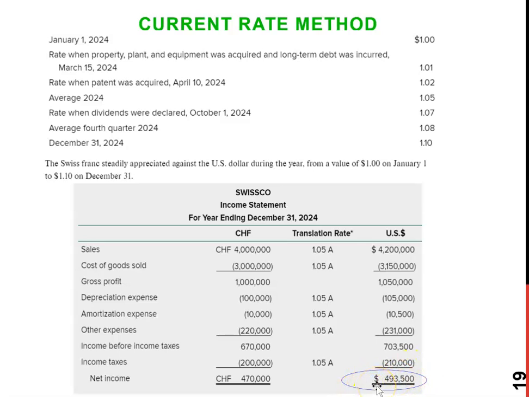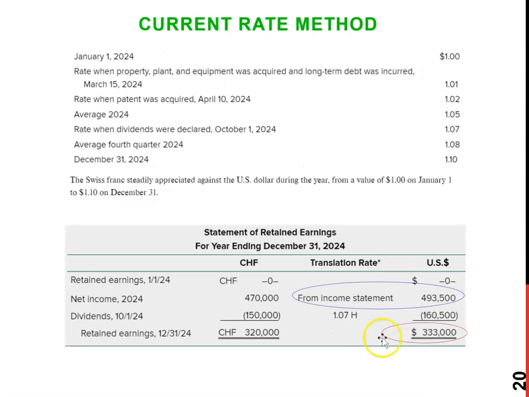So let's take this net income number, and now we will see the statement of retained earnings. In the dollar statement of retained earnings, we copy and paste this converted dollar net income, which is 493,500. This first column is my Swiss franc column, and the other column is the US dollar.